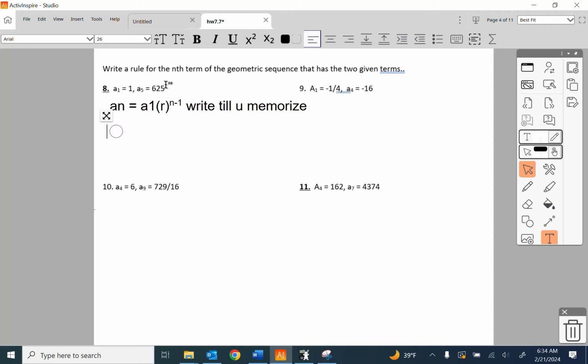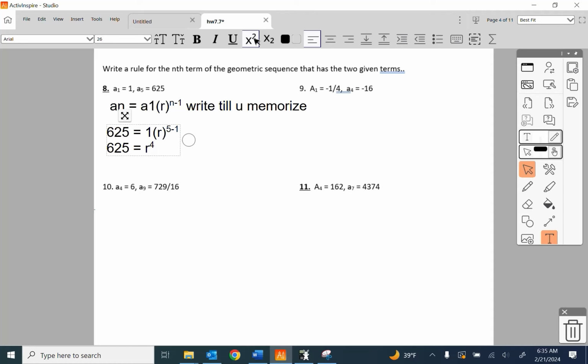I'm just going to plug this in, just like I did on the previous example. 625 equals 1 times r. N is that 5 right there. So r to the 5 minus 1. So 625 equals r to the 4th. Switch over to pencil and pen here.